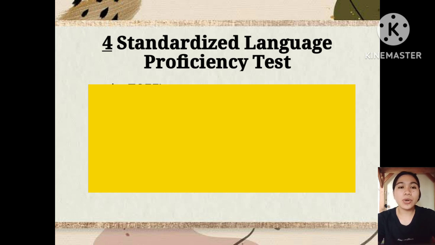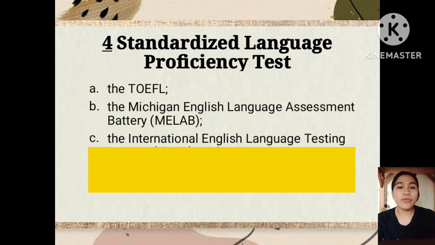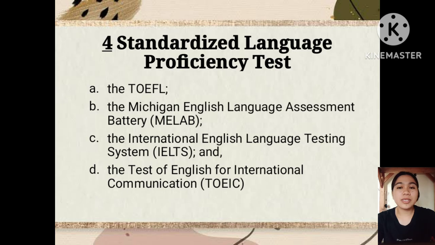Again, there are four commercially produced standardized tests of English language proficiency. The first one is the TOEFL. Next, the Michigan English Language Assessment Battery. Then, the International English Language Testing System, IELTS. And last, the Test of English for International Communication.